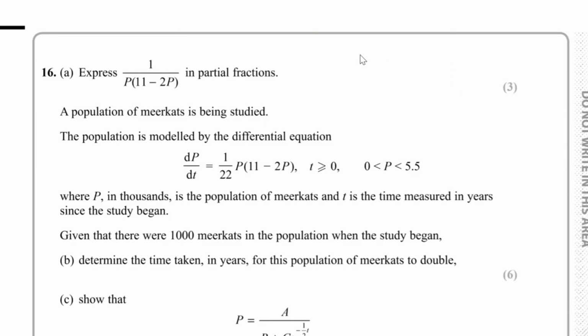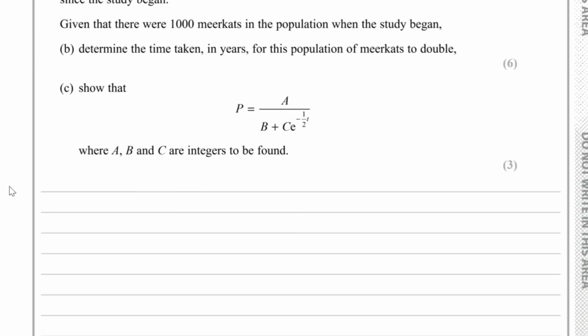Question number 16, we have to express 1 over p lots of 11 minus 2p in partial fractions. So for part A of the question, we have 1 over p lots of 11 minus 2p, which we need to express in partial fractions.